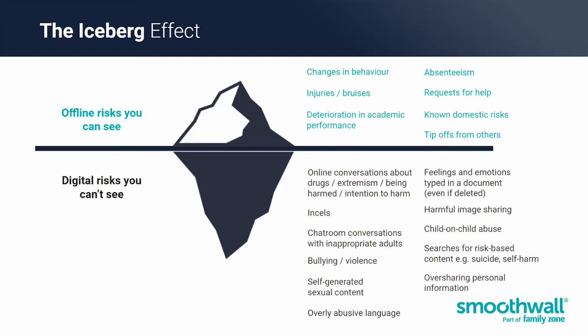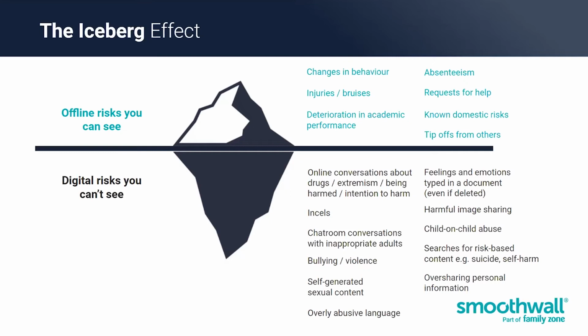So perhaps they've gone on to Google and typed in, can you overdose from paracetamol? But we can see in the screenshot, they've got another tab open, which is a PowerPoint presentation where they're doing schoolwork on overdosing or drugs or something like that. So there's extra context that monitoring gives you because you see that screenshot, you see what else they've been doing. Whereas the web filter would just tell you, they've searched for this.